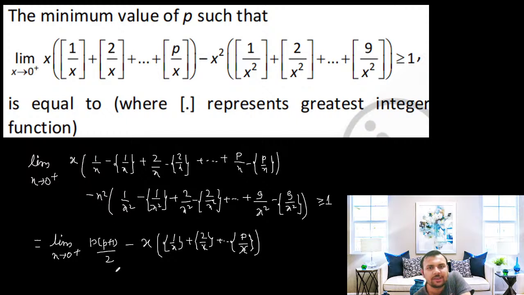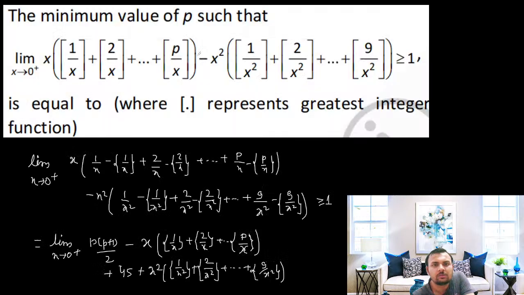And from here similarly we are going to get 9 plus 1 by 2, this is 45, minus, plus x square times the greatest integer 1 by x square, greatest integer 2 by x square, plus dot dot dot greatest integer 9 by x square, okay.